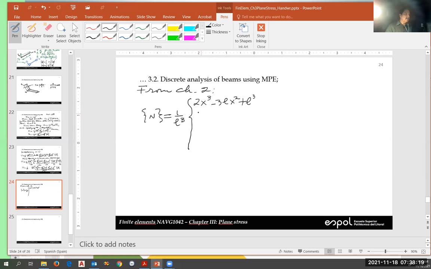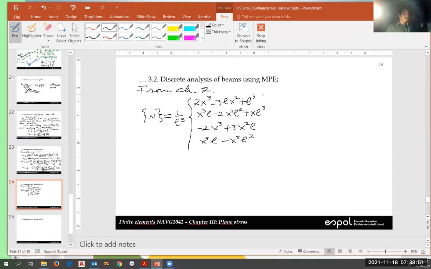The second is x cubed L minus 2x squared L squared plus x L cubed. Then minus 2x cubed plus 3x squared L. And finally, x cubed L minus x squared L squared.